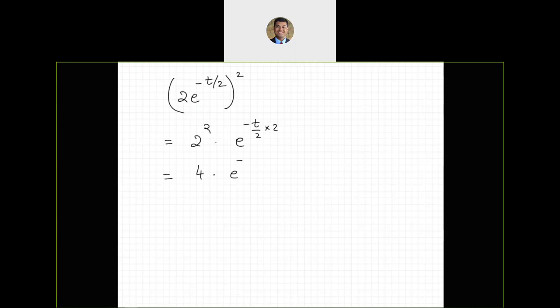So 2e to the negative t over 2, right, squared. So it will be what? 2 squared times e to the negative t over 2 multiplied by 2, right? So it will be 4e to the negative t, right? So when you are raising the powers, they get multiplied, right?